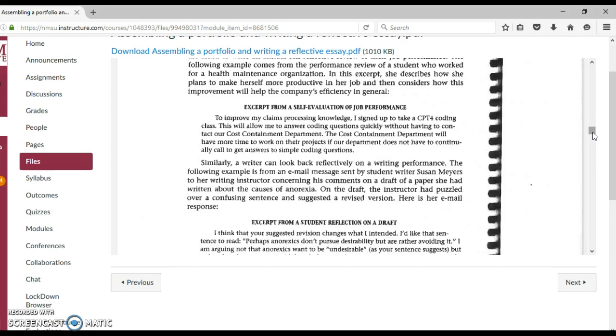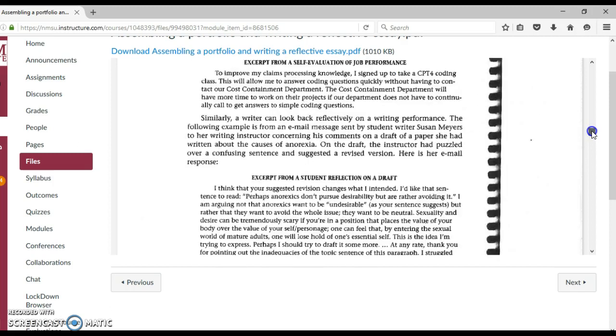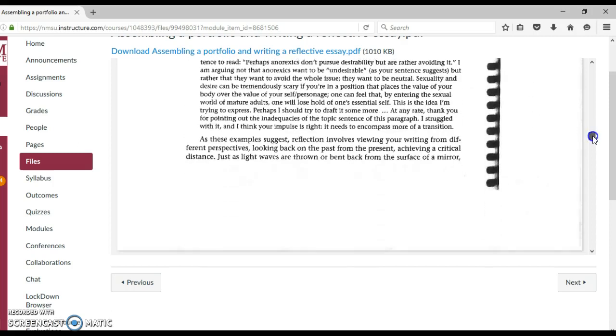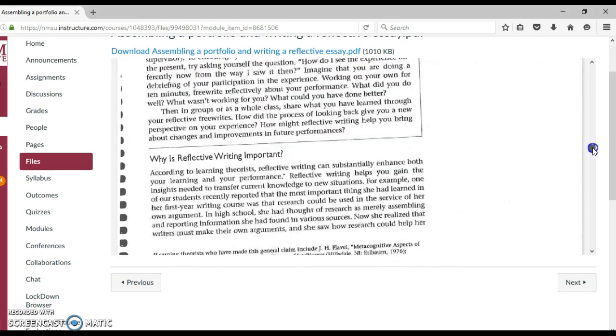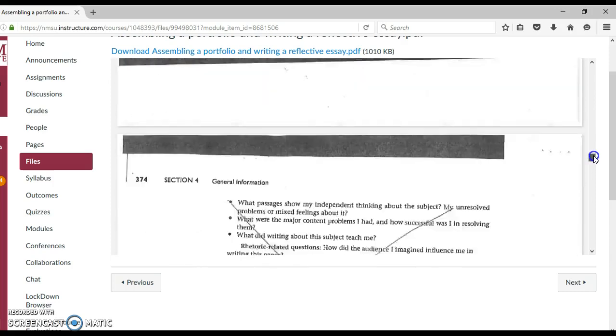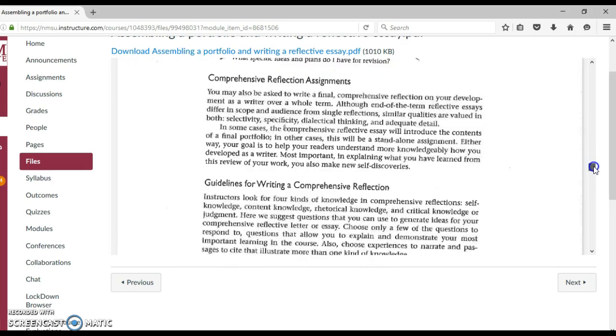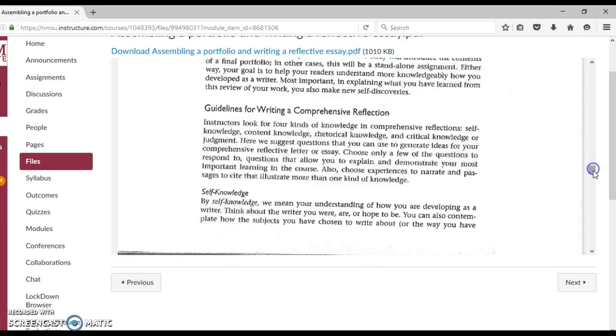So there's some thought involved in there as opposed to just listing or remembering things that happen. So that explains reflective writing, and also it discusses its importance. And perhaps the reason why this is so important is because we are writing a comprehensive reflection letter, which is a self-evaluation letter, and it tells you what types of knowledge should be included in the letter.